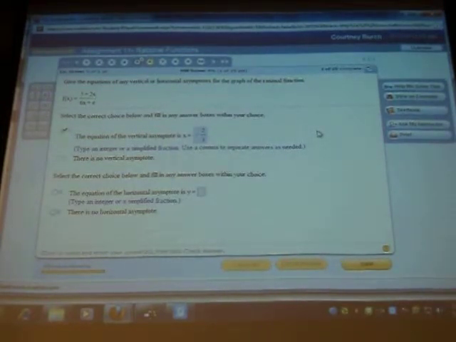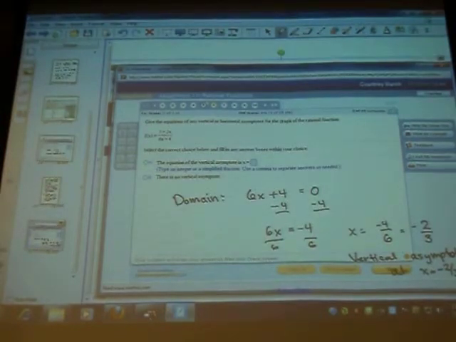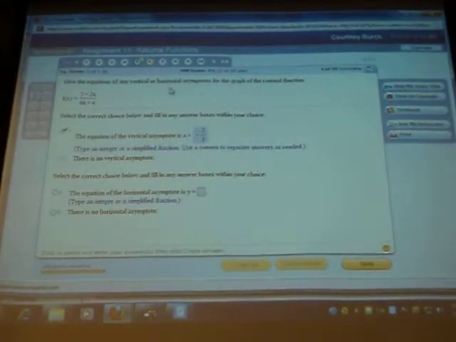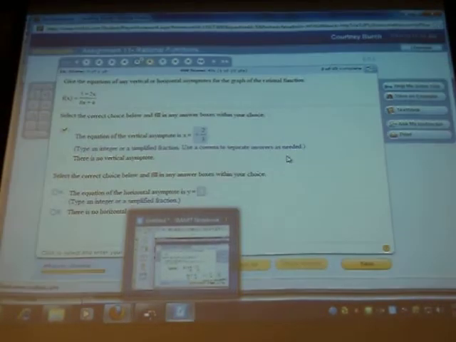Okay, now what about our horizontal asymptote? I've got the same degree because my highest powers on the top, I've got a minus 2x. I think that one will let me write here.